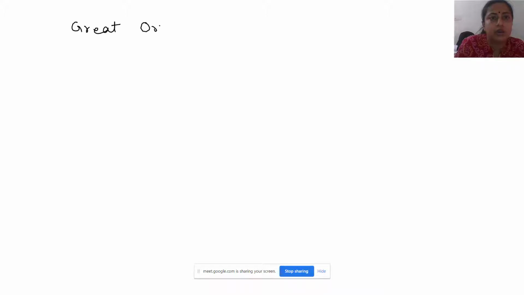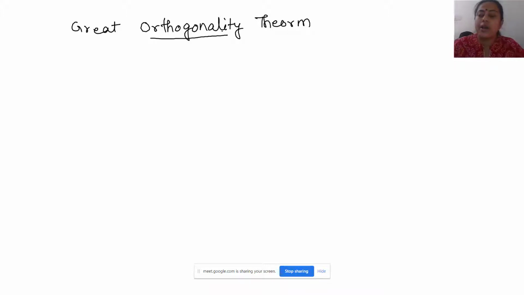Great Orthogonality Theorem. This theorem actually deals with the matrix element that is present in the character table.